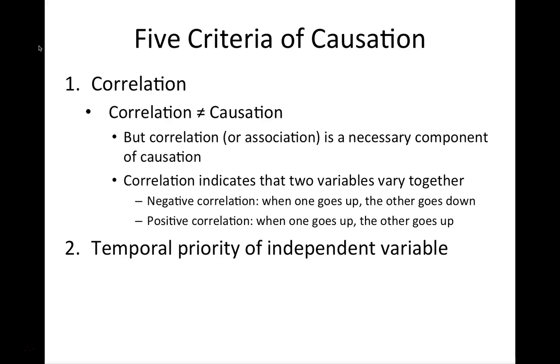We also have to have temporal priority of the independent variable. So we have to know that the independent variable happens first. If we think about the example from before of contraceptive self-efficacy, so the confidence that you have in your ability to effectively use contraception, that confidence may actually be built by effectively using contraception.